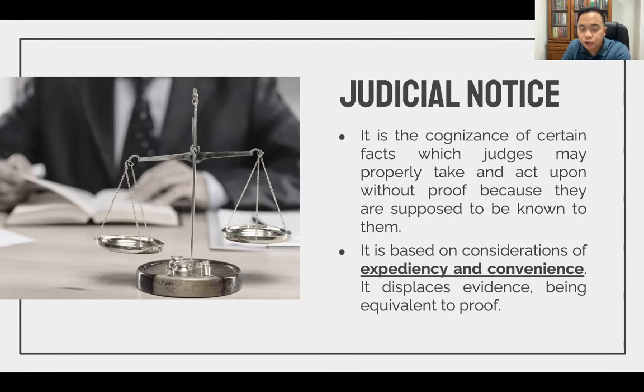So class, when you say judicial notice, this refers to certain facts which the judges must know or ought to know. By reason of expediency and convenience, this is something which the judges will automatically take note of and the party need not prove them in court.